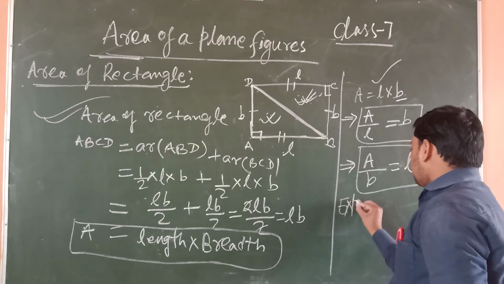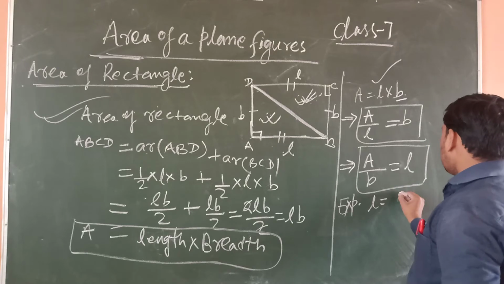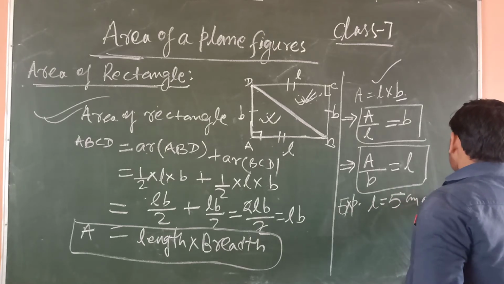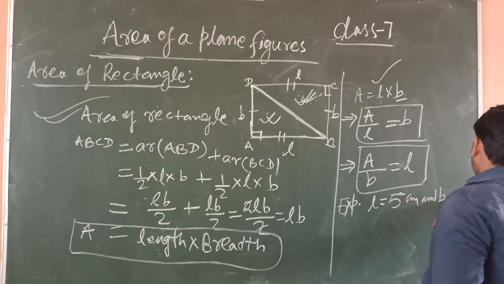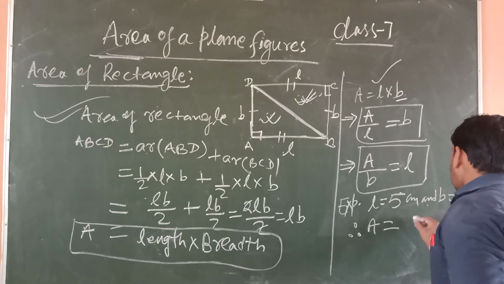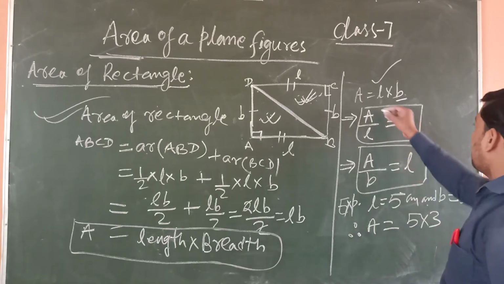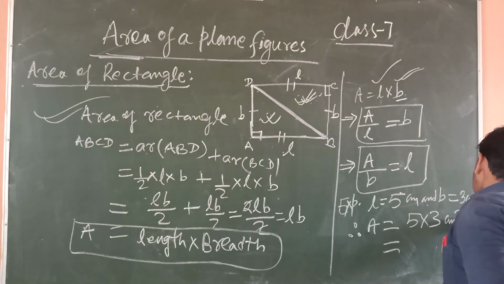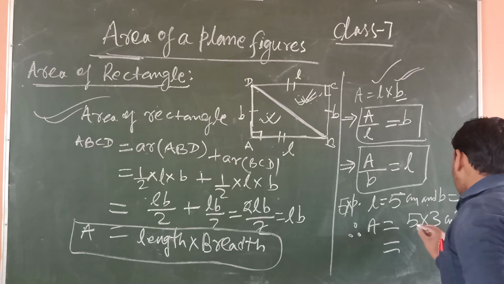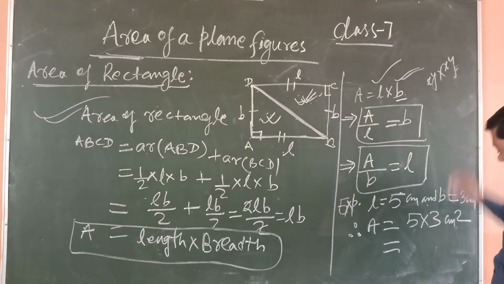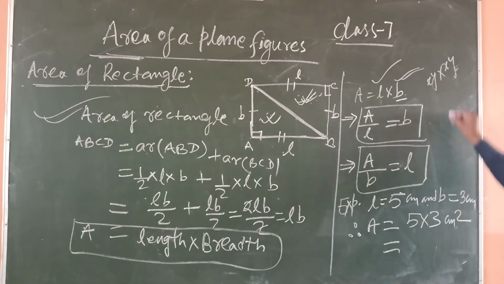Example, suppose length is equal to 5 cm. xy square as it is.